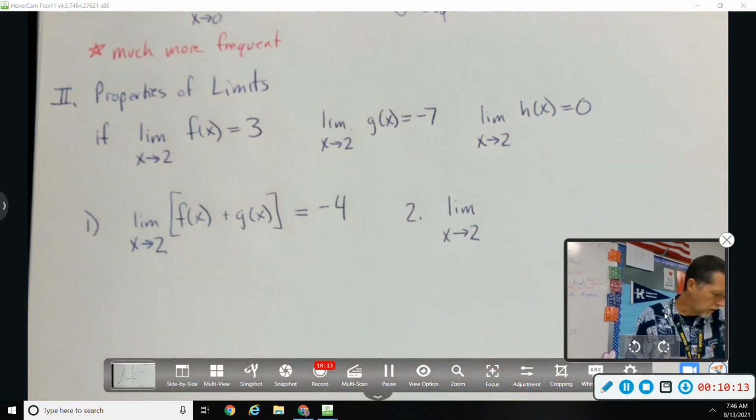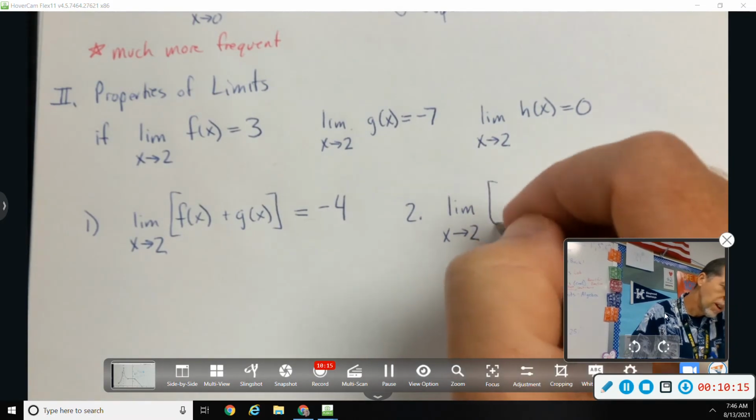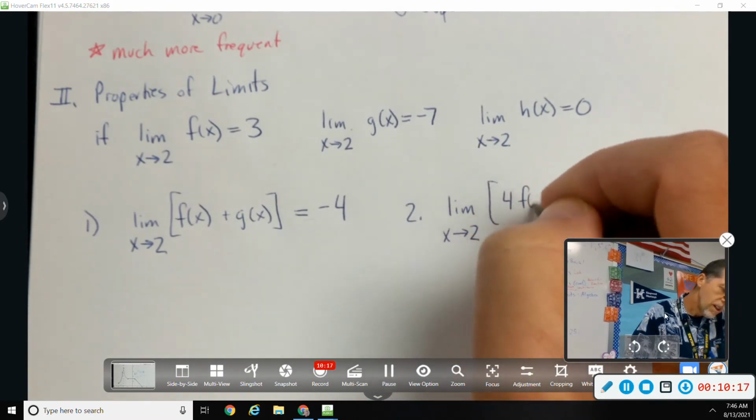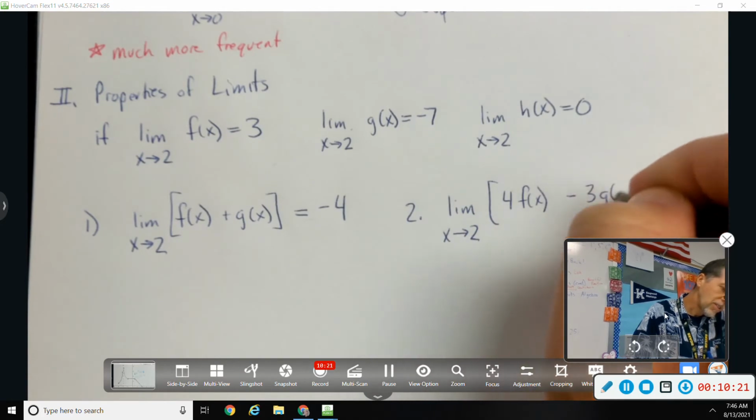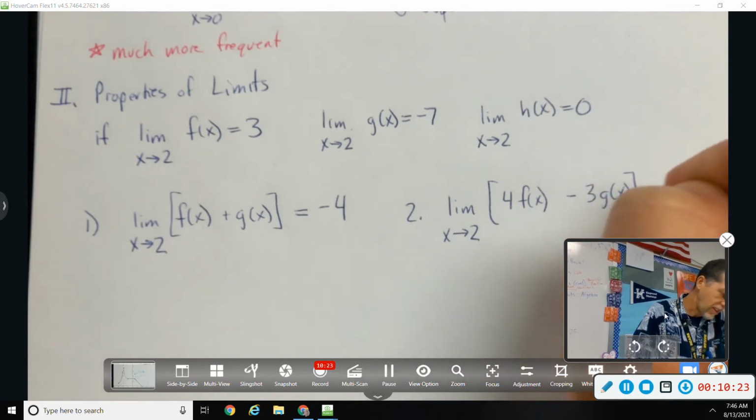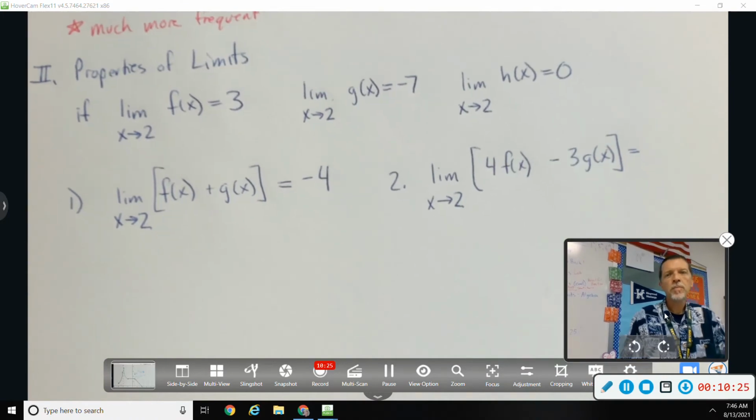Number 2, the limit as x approaches 2 of 4f of x minus 3g of x. Give it your best guess and you will probably be correct.